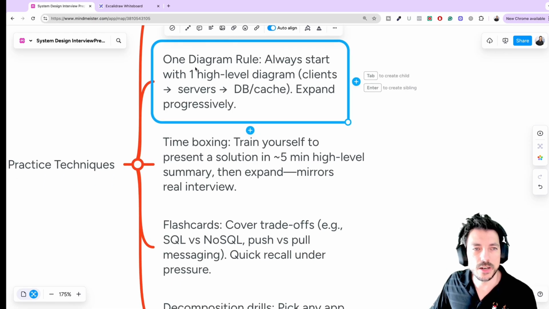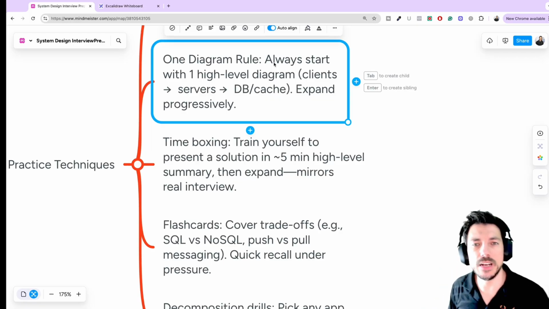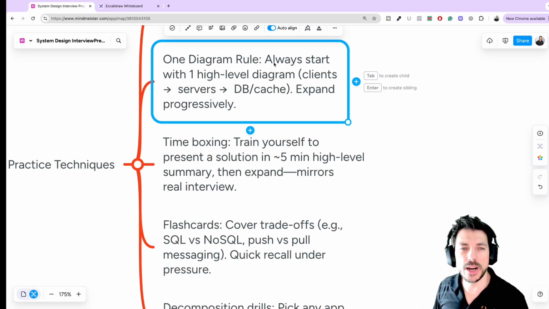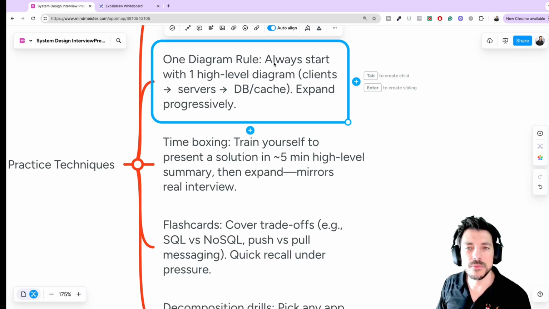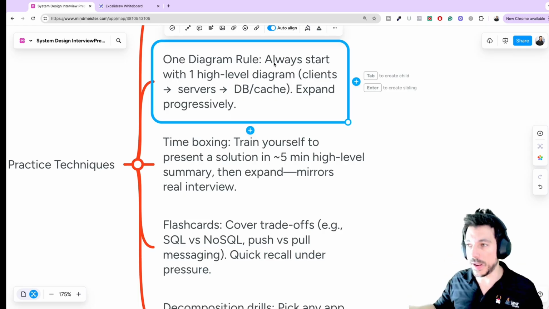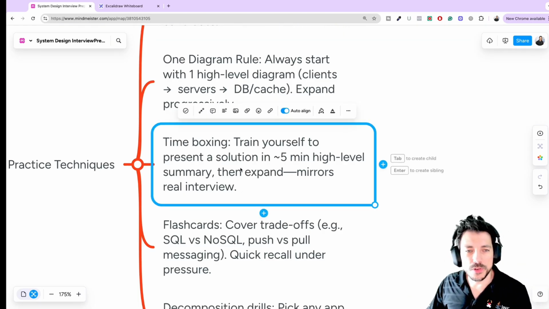And you can also create this one diagram rule where you always start with one high-level diagram. So it could be client, server and DB, and then you start expanding, right? And it's important that you also time box yourself.